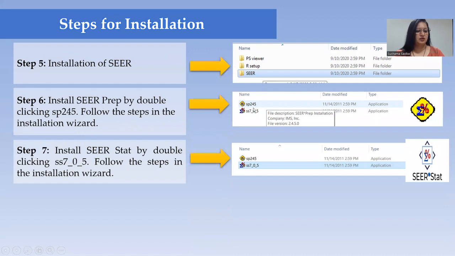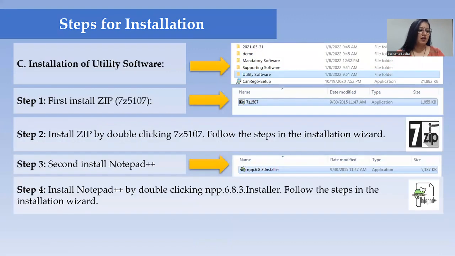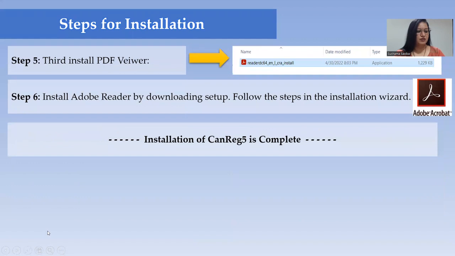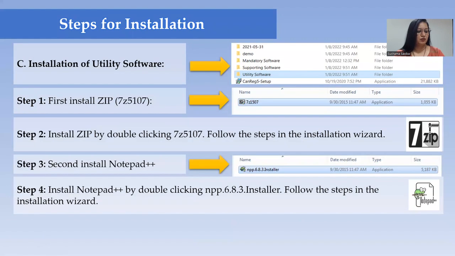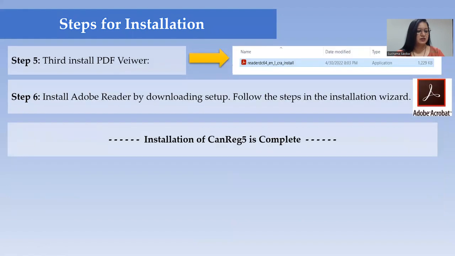We have installed seed prep as well as seed stats. So our supporting software installation is complete. Let us go for the installation of utility softwares. First, we will go for installation of zip. Next, we will go for installation of Notepad++, and after this for PDF viewer.